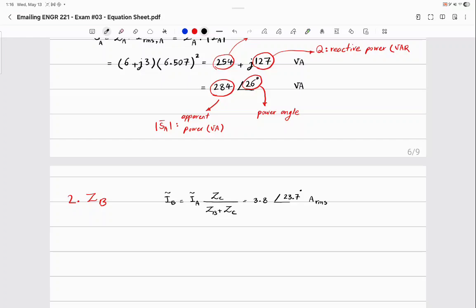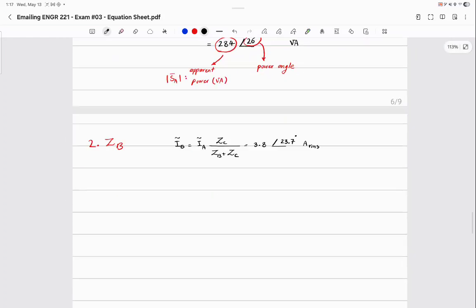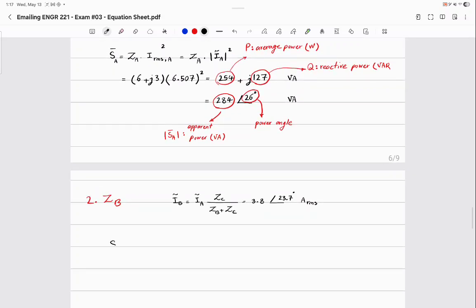William, what's next? Square that and multiply it by ZB. Pretty much exactly the same as what we did for the first part, right? So SB is equal to ZB times IRMS B squared, or instead of IRMS, I can just write the magnitude of IB tilde squared.